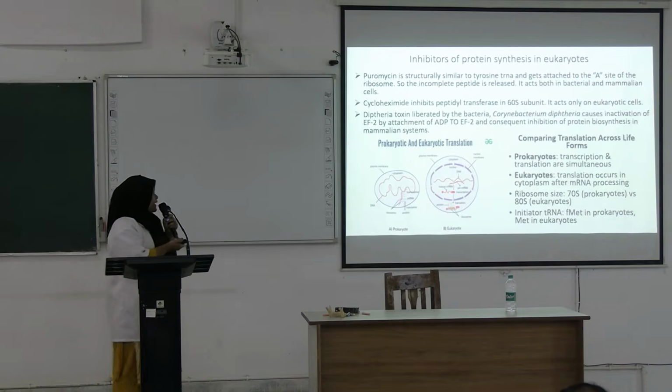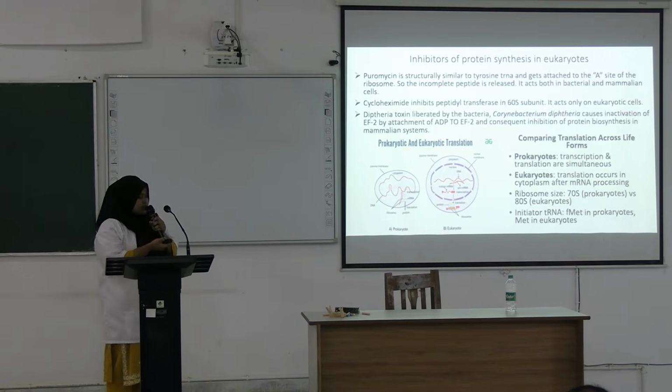Let's come to the topic of inhibitors of protein synthesis in eukaryotes. We have puromycin. Puromycin is structurally similar to the tyrosyl tRNA and gets attached to the A site of the ribosome. So the incomplete peptide is released. It acts in both bacterial and mammalian cells.